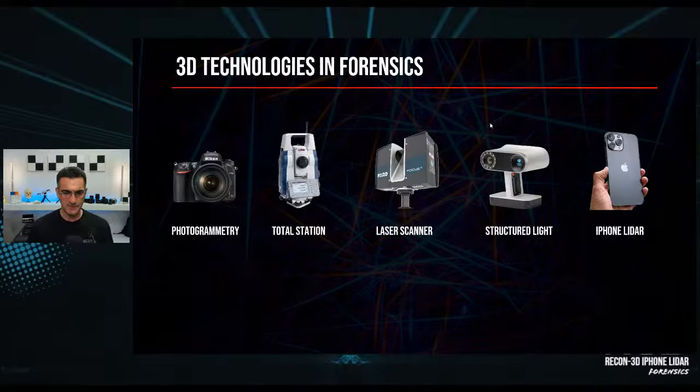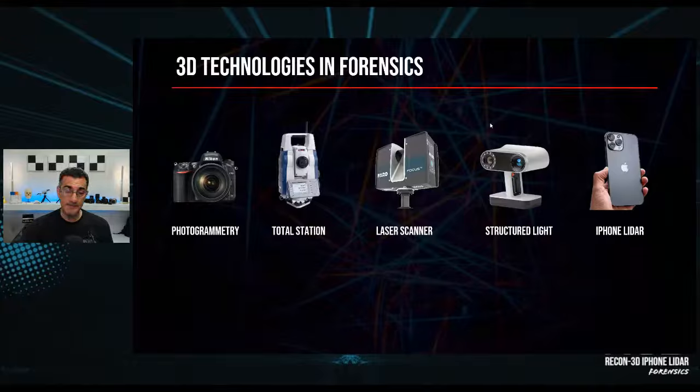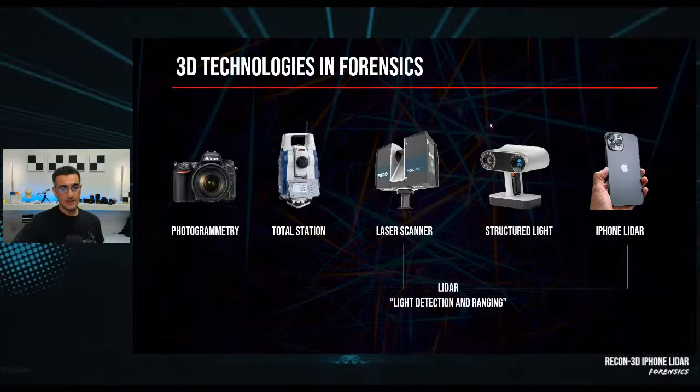It's been around for a little while, but without heavy adoption, though definitely a lot more in the past 15 years. So that's really taken off. And more recently, since 2020, Lidar has been packed into some of the iPhone models. So the Lidar-based instruments, light detection and ranging, are the total station, the laser scanner, and the iPhone. All of them use a similar technology.